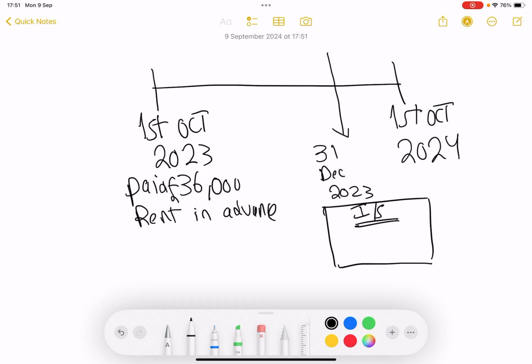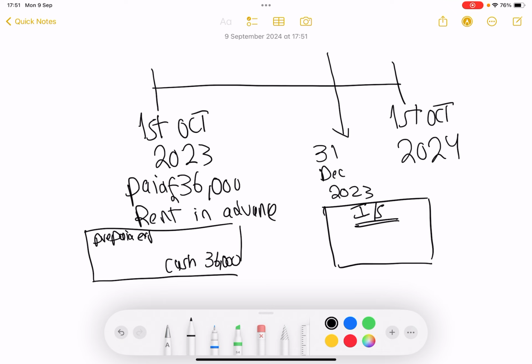On the 1st of October 2023, we're going to open our books. We have paid cash, so cash decreased by 36,000, and rent in advance is one of the prepaid expenses, meaning it's an asset. So we're going to record prepaid expenses of 36,000.